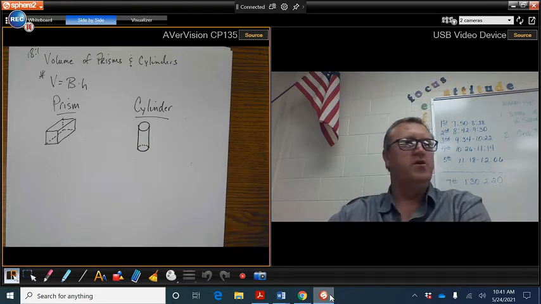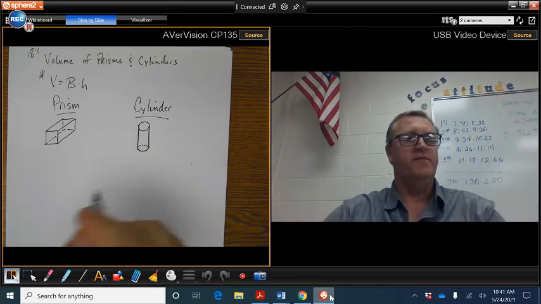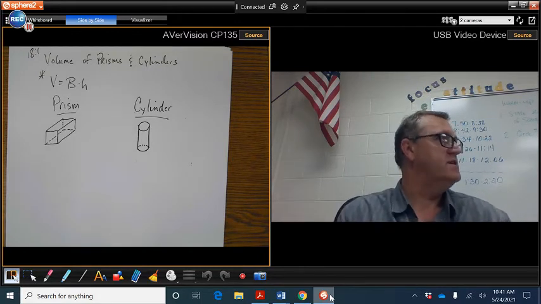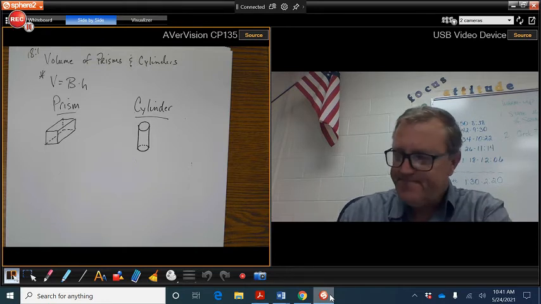The dotted lines show that it's behind the view, so it gives a three-dimensional view of it.